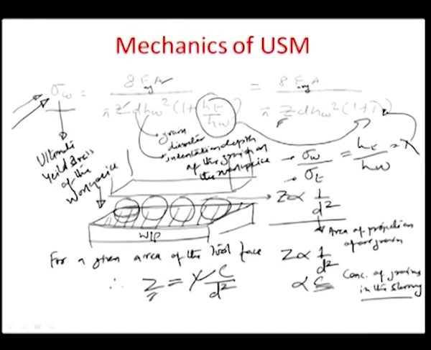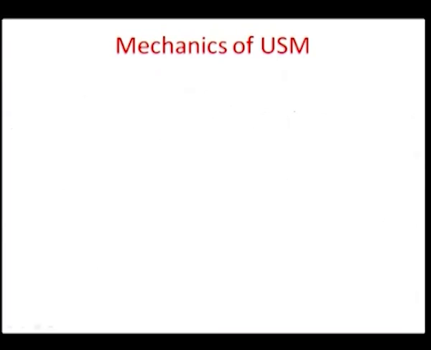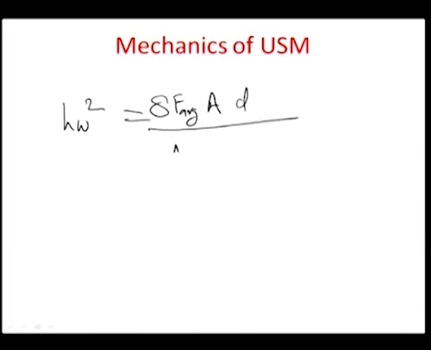So, the final form of the equation comes out to be: square of hw is equal to 8 times average force times amplitude A times grain diameter divided by pi times xi, and the flow stress of the material is nothing but the hardness of the material. So, sigma W and HW are kind of interconvertible.